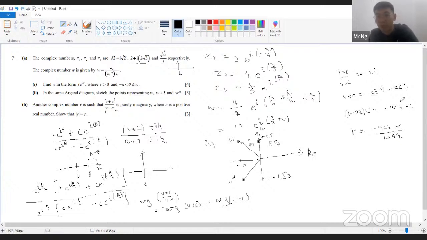Am I right? Then minus, this is minus minus, so it becomes minus C bracket 1 plus Ai over 1 minus Ai.